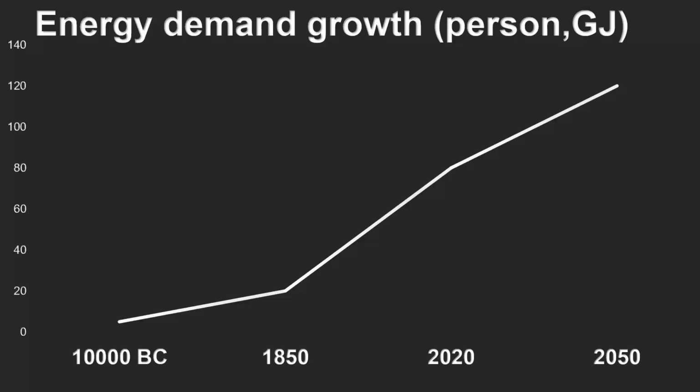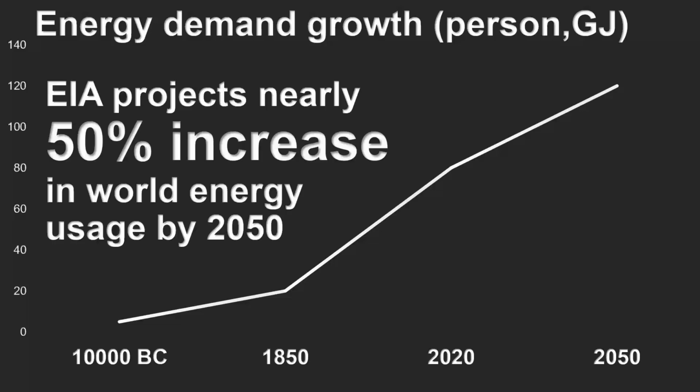It's actually secretly accelerating energy demand because double the efficiency in technology, treble the use. So we see where this is going. We use too much, we consume too much in the process. The EIA projects a nearly 50% increase in world energy usage by 2050.